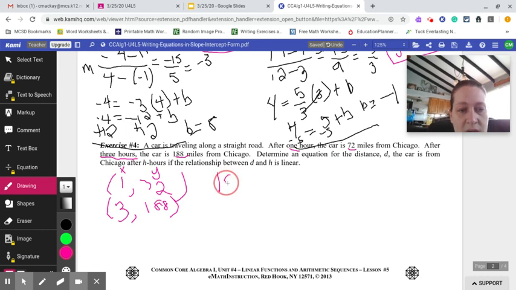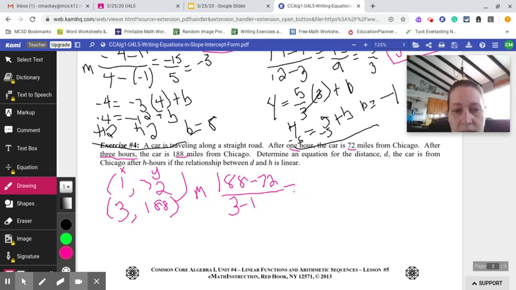Okay, 188 minus 72 over 3 minus 1. What we're doing is we're figuring out our m. Okay, so that's 116 over 2, which reduces to 58.